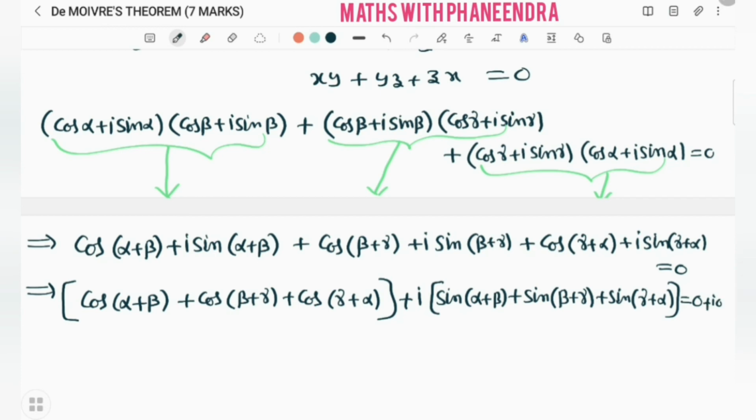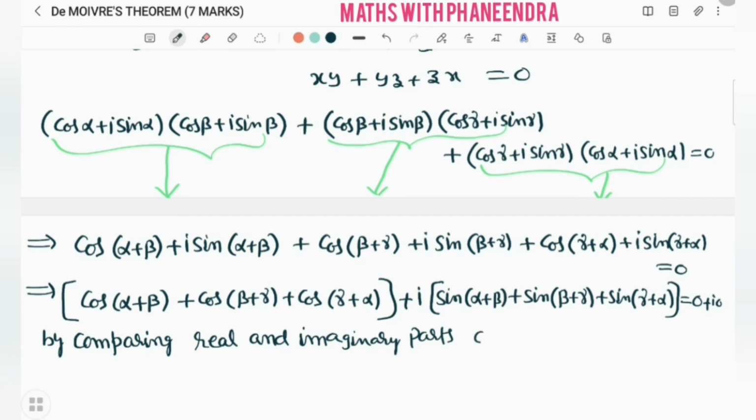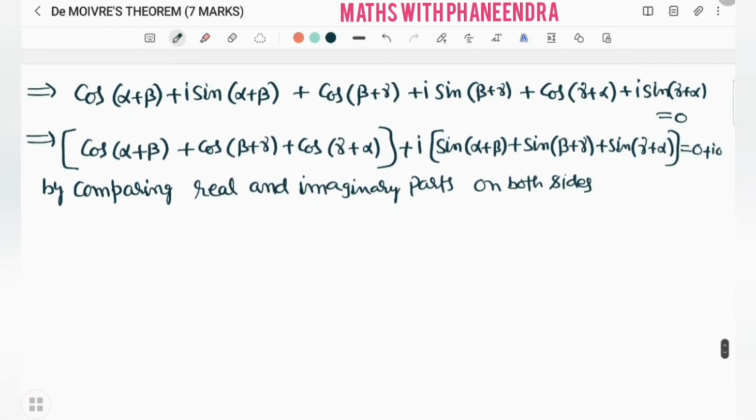So by comparing real and imaginary parts on both sides, but in this question they are asking only for the real parts, but we write both.